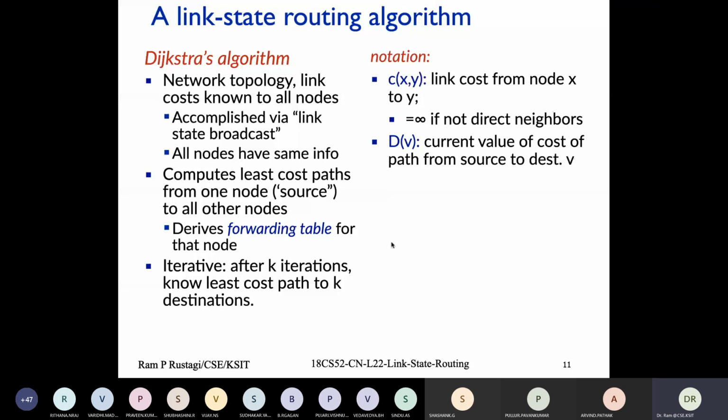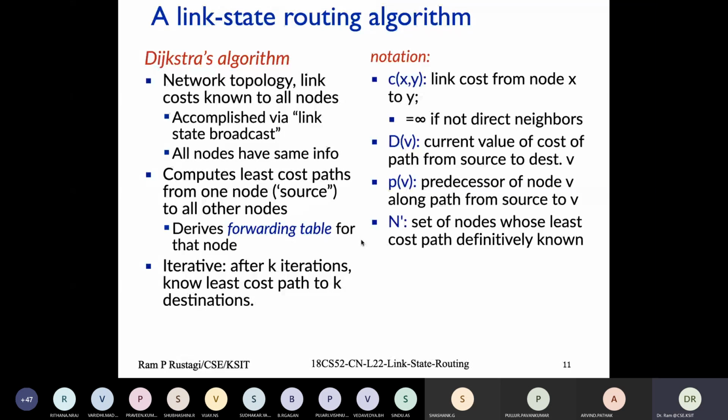Each node also maintains a value dv, which indicates the distance to that node so far. We also maintain a predecessor, the node through which we would be reaching that node. We maintain these three notations, and using those, we figure out how to compute the shortest cost path.